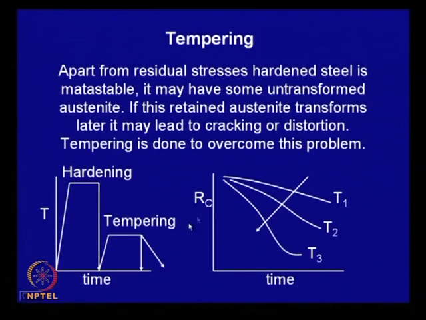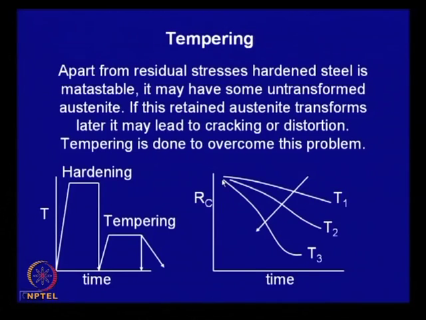since martensite is unstable, during tempering there will be some phase transformation taking place in martensite, and as a result its hardness will keep decreasing. You can monitor the kinetics of this tempering process by measuring hardness.